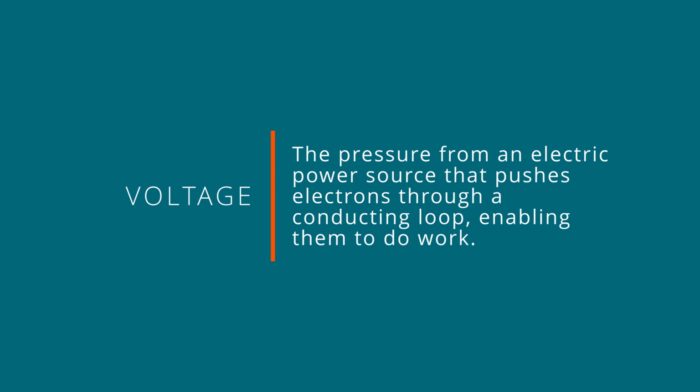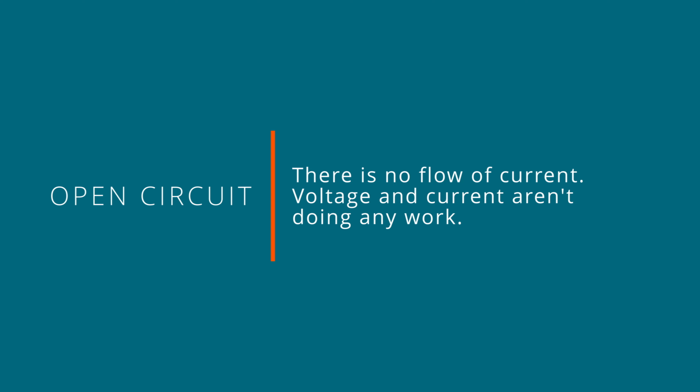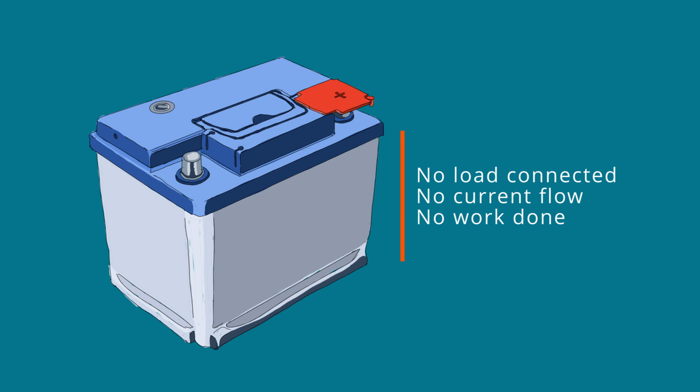So voltage is the pressure from an electric power source that pushes electrons through a conducting loop, enabling them to do work. In an open circuit, there is no flow of current, so voltage and current are not doing any work. A car battery that is not connected to anything is not doing any work.